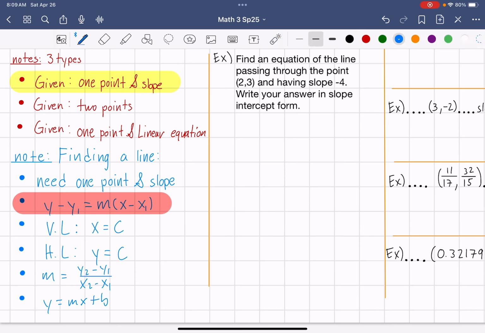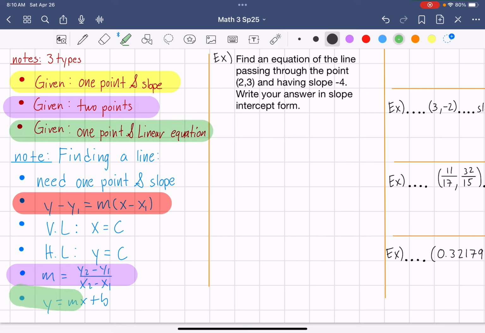For the second one, you would need to use the slope formula. For the third one, we'll need to use the slope intercept form.